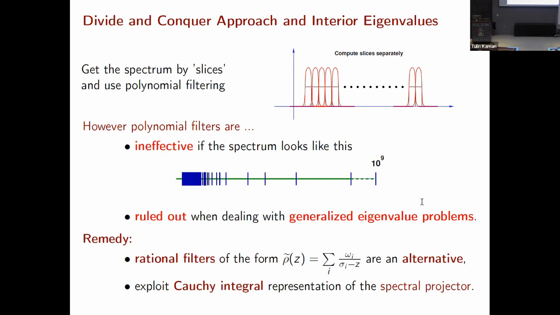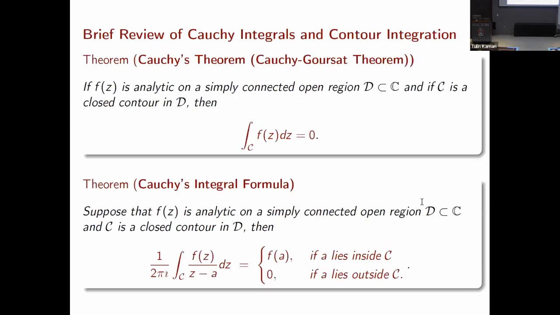These rational filters exploit the tool that we will use a lot today, the Cauchy integral representation of the spectral projector. So that's what I'm going to talk about next.